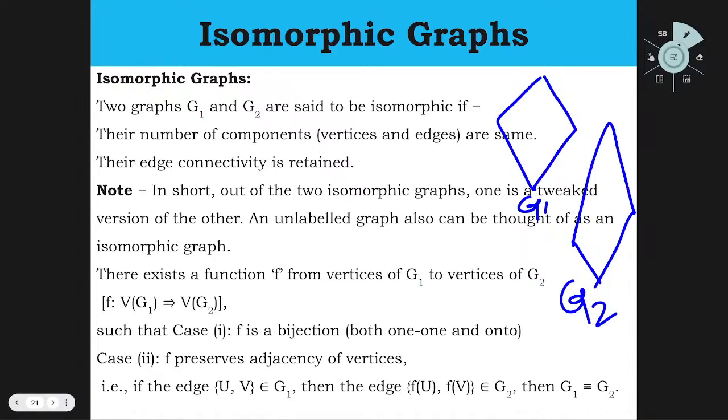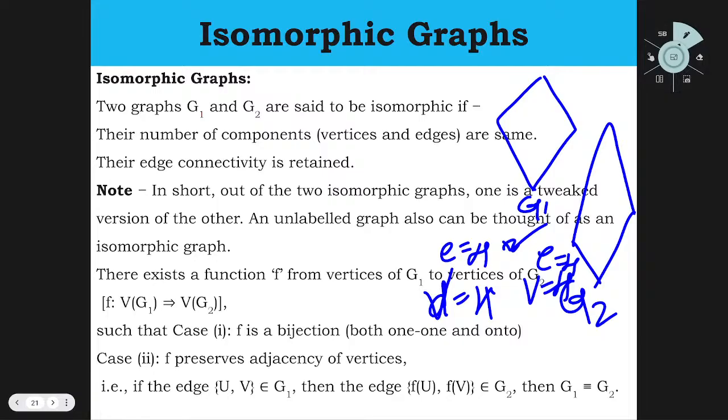Is that clear? So all this about functions, bijections, is not necessary. Simply, are these graphs isomorphic or not? They are isomorphic because the number of edges in graph 1 is 4 and in graph 2 is 4, and the number of vertices in graph 1 is 4 and in graph 2 is 4, therefore they are isomorphic.